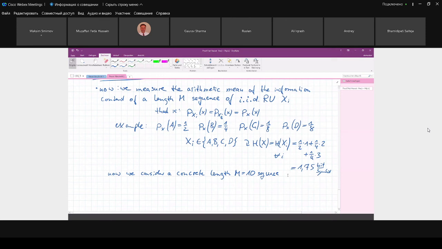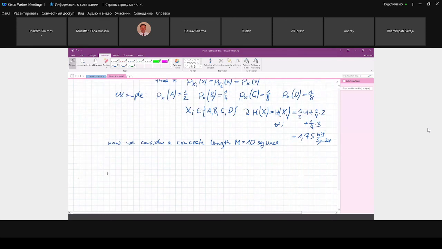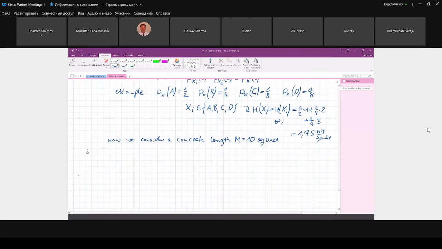So it could look like this. You write here this index i, and i goes from 1, 2, 3, 4, 5, 6, 7, to 10. Again, this is a quite short sequence. And in order that we see later that this arithmetic mean of the information content is nearly equal to the entropy, we have to use much larger values for this m.